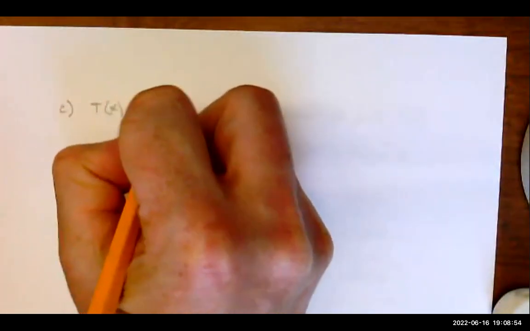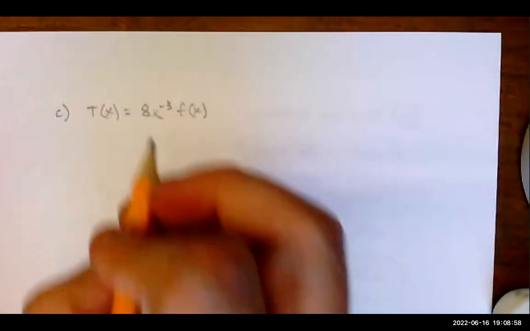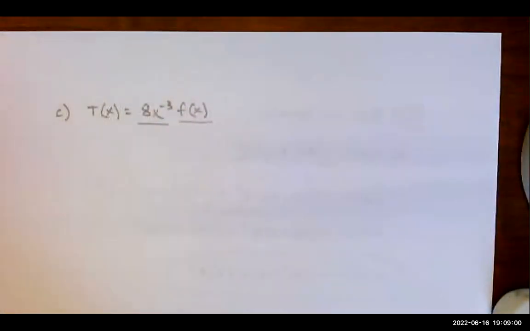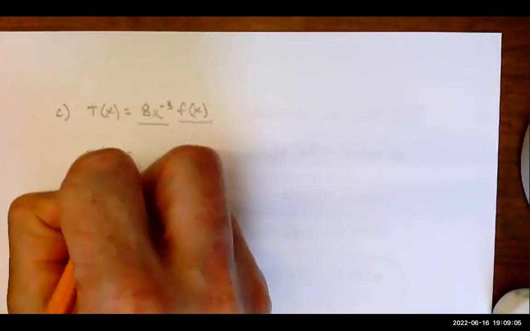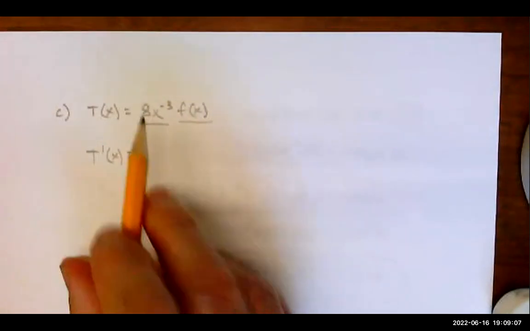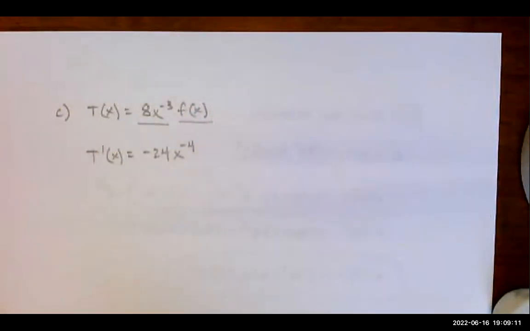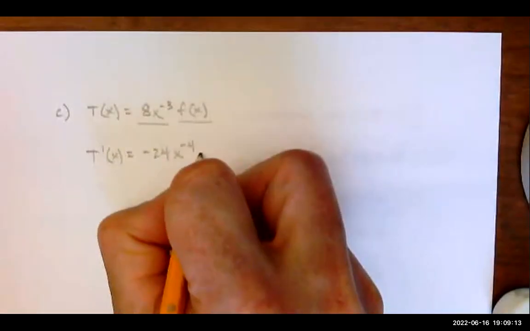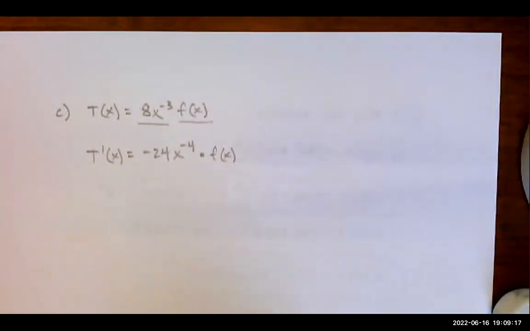What was part C? T of x equals 8x to the negative 3 f of x. This is interesting. We've got a product rule. T prime of x, this derivative, negative 24 x to the negative 4. And for now, I'm just going to copy f of x. That copies over, okay.